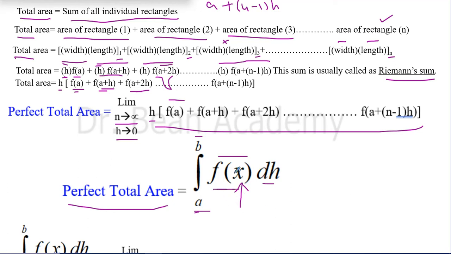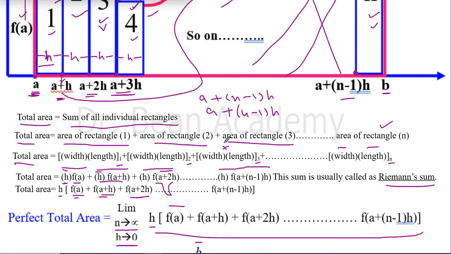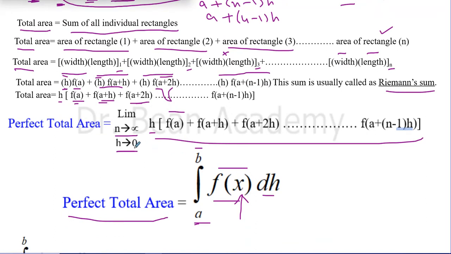This is f of x, the equation of that curve, and dx is showing the width of the rectangle, and after putting these two conditions it becomes integration. Whenever you want to evaluate an integral like this, you are actually doing this whole process. This whole process is encapsulated into this integration.